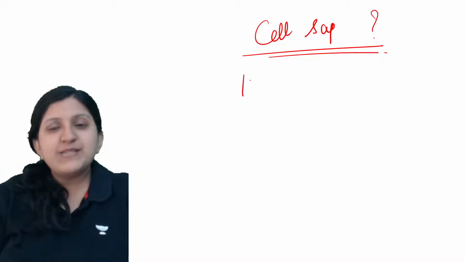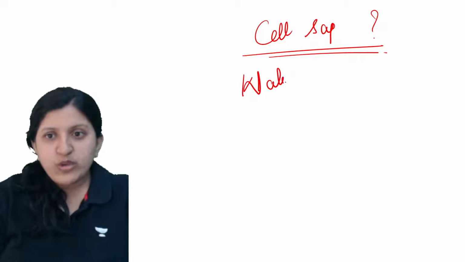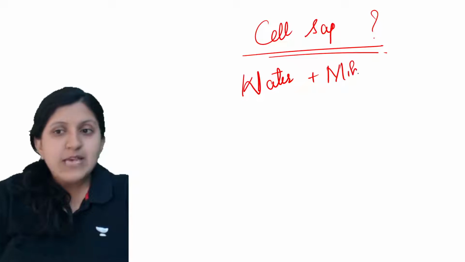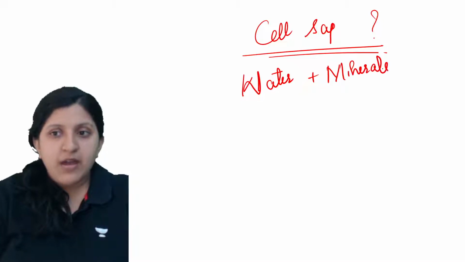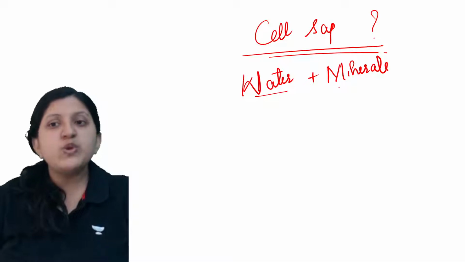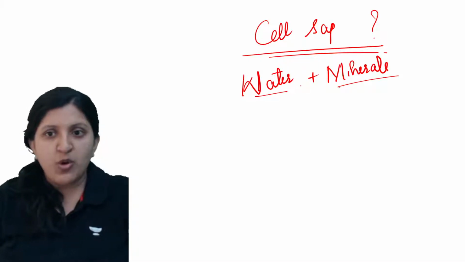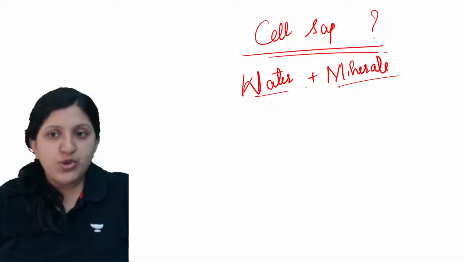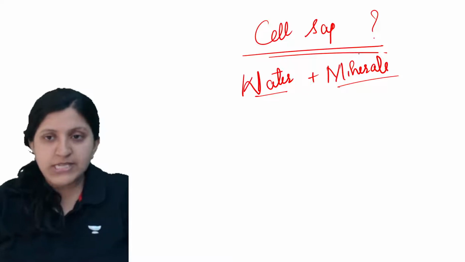Cell sap is basically water, and along with that you can find some of the minerals that are absorbed. So it is water plus minerals. When we mention cell sap, the absorption of water and minerals can be seen in this one.